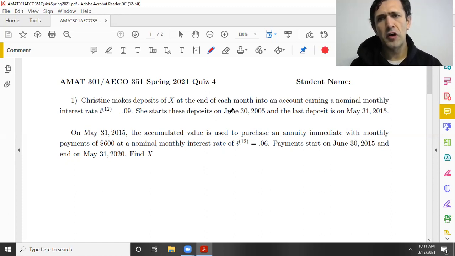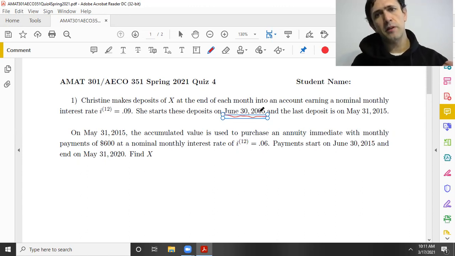So first of all, if you think about it, when the deposits start on June 30th, it's probably best to think of the deposits as payments, like we always do for an annuity. The payment periods start at the beginning of June 1st, so that we're making deposits at the end of each month.